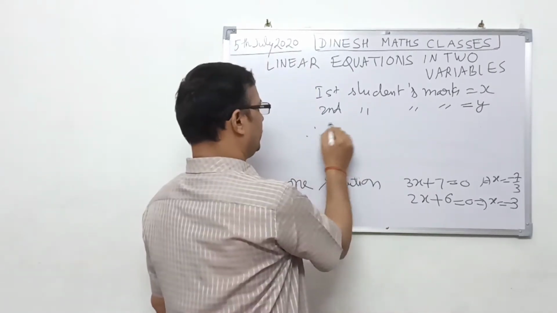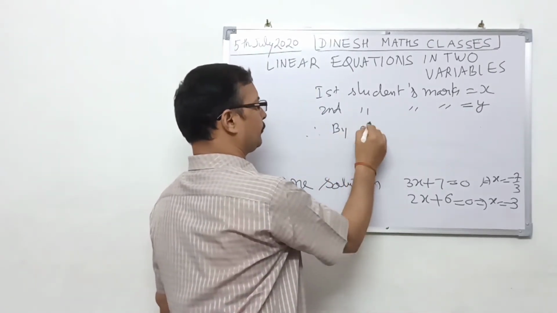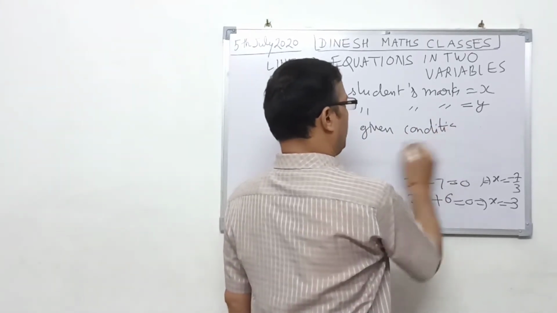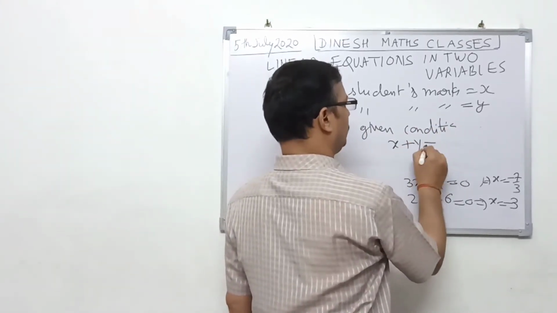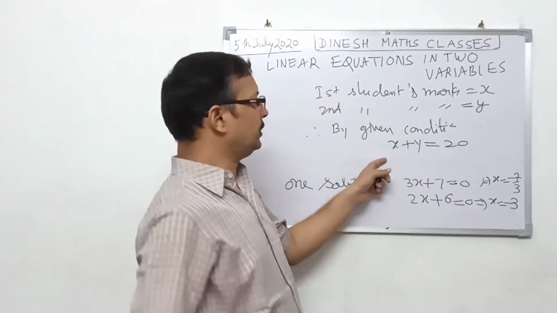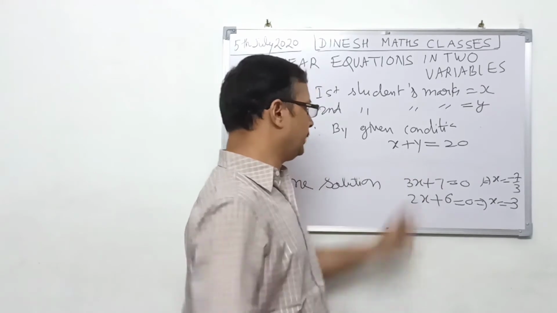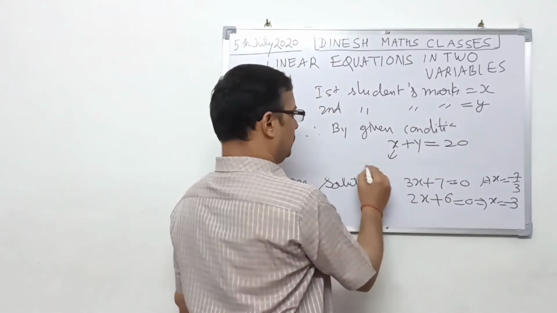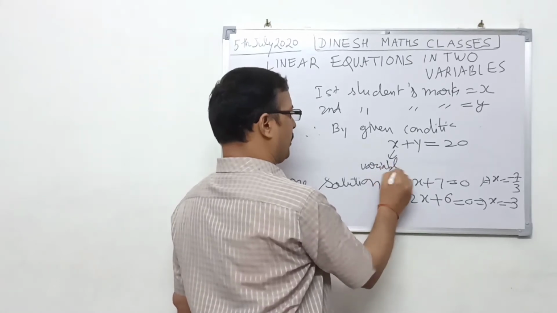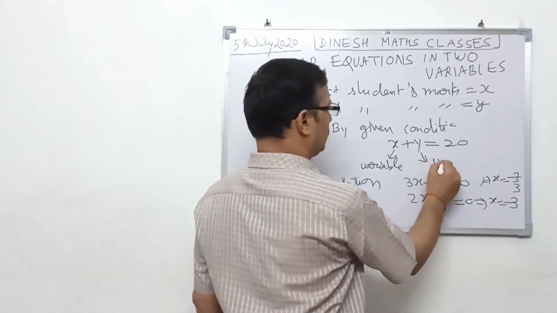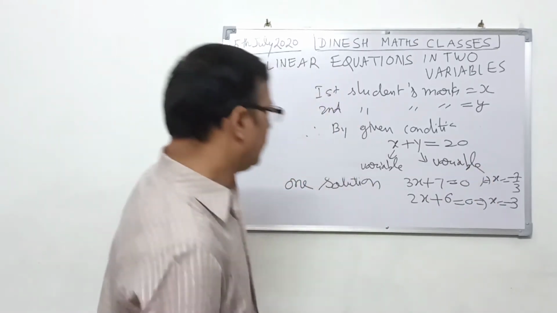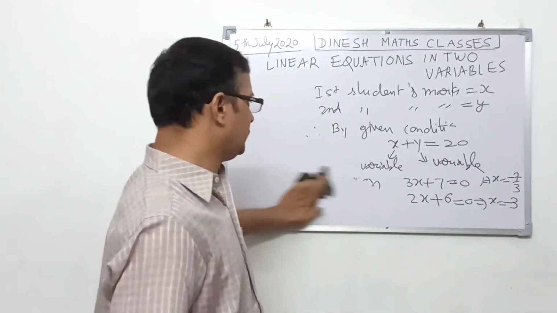So therefore, by the given condition, x plus y equal to 20. This is an example of linear equation in two variables. x and y are two variables. x is a variable, y is another variable.